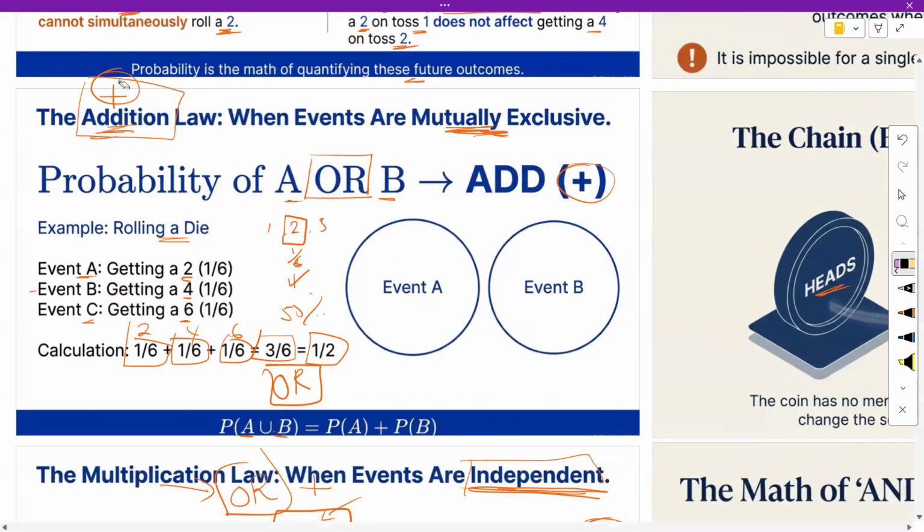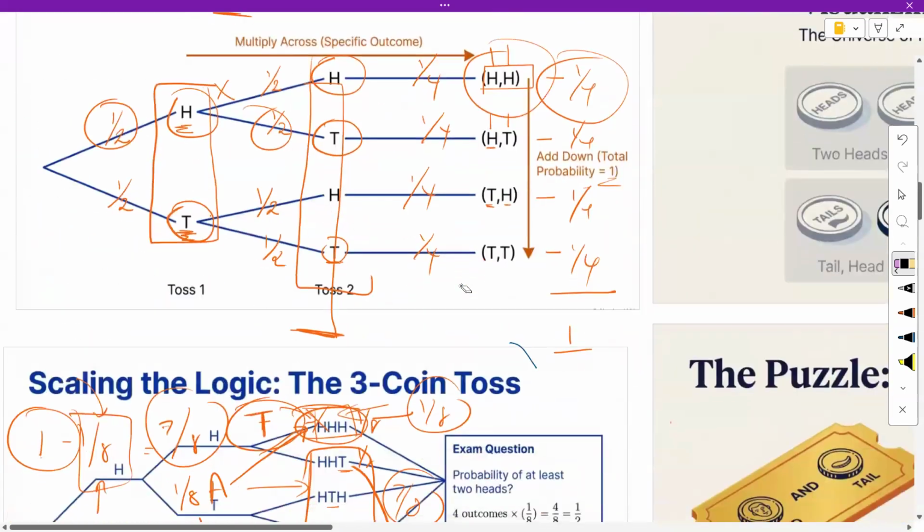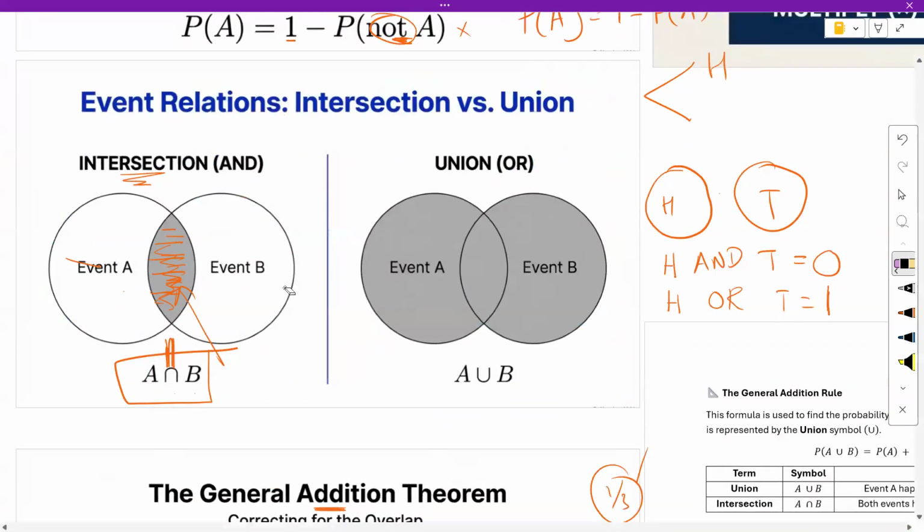Addition rule: when events are mutually exclusive, then we can't see any intersection. Right, this is mutually exclusive.